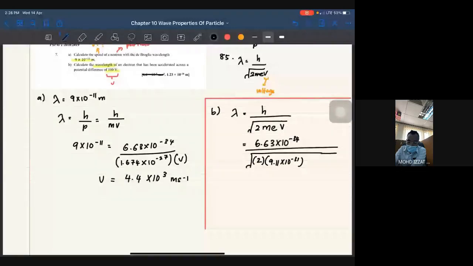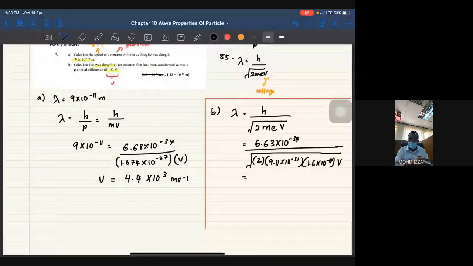And 1.6 times 10 negative 19. That one's for your e. And then V. Sorry, V is given, so you want to substitute V.